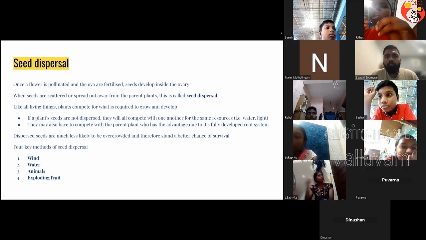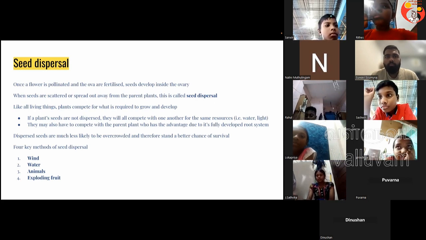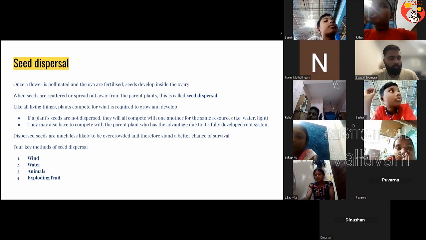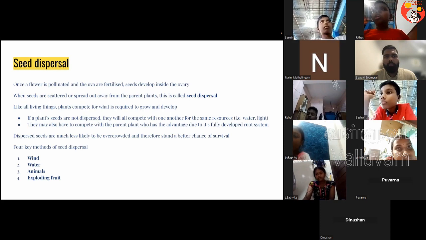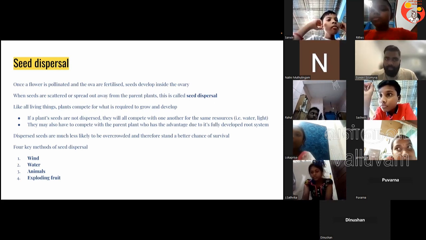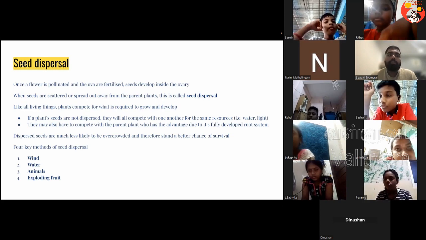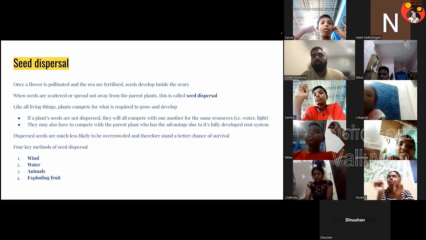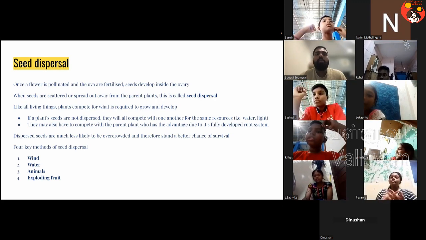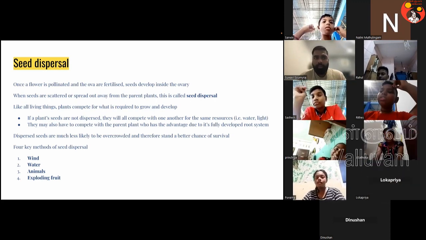So they send away the seeds so they could stay in a different place, and they can grow very well with water, minerals and everything. Exactly right. So seed dispersal takes place, as you said, to increase the chance of survival for the seeds themselves, so they're not competing with the parent plant.